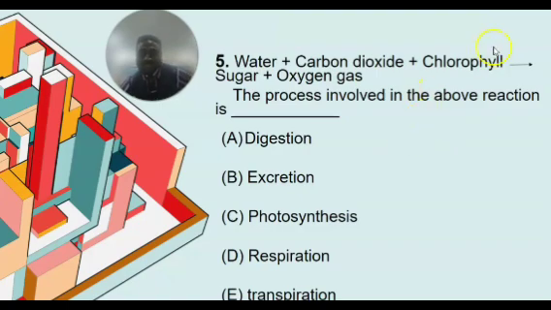Okay, the answer is actually photosynthesis, option C, because the process where green plants manufacture their own food in the presence of sunlight trapped in chlorophyll by using inorganic substances like water and carbon dioxide is what we call photosynthesis. So that process will lead to the formation of sugar, or what we call glucose, and oxygen gas will be released.